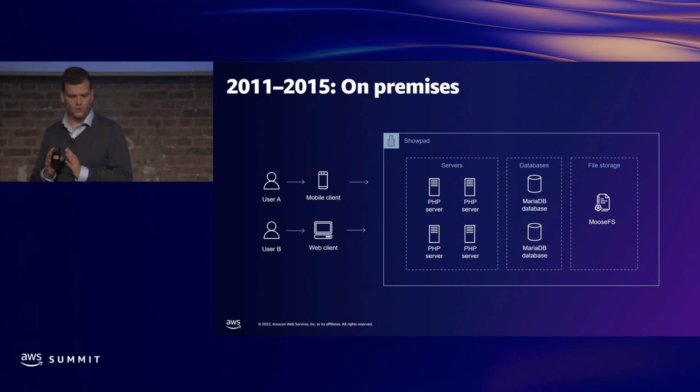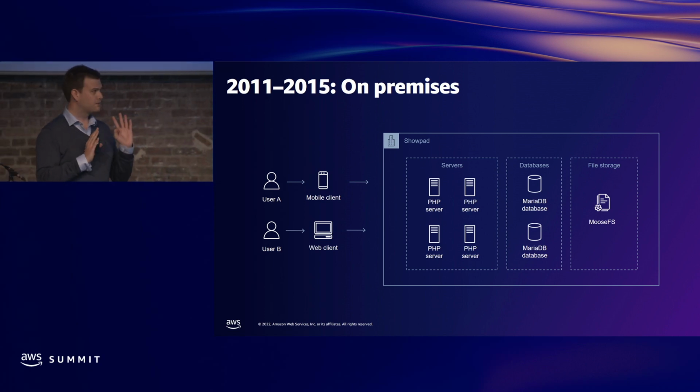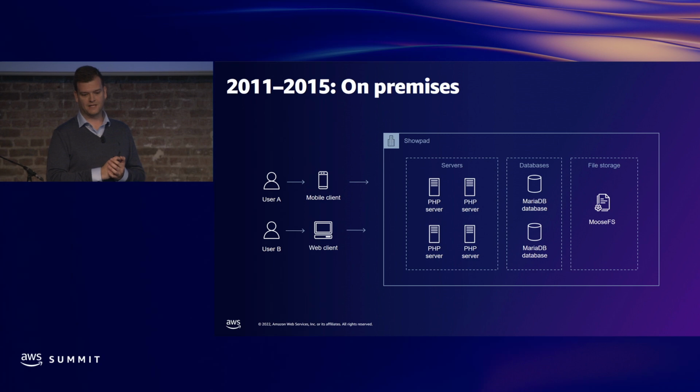So in 2011, we needed to provide a stable platform for both mobile and web clients to connect to. In our case, that started with a traditional three-tier lab stack. So think about your PHP servers, MariaDB databases, and MooseFS for distributed file storage.